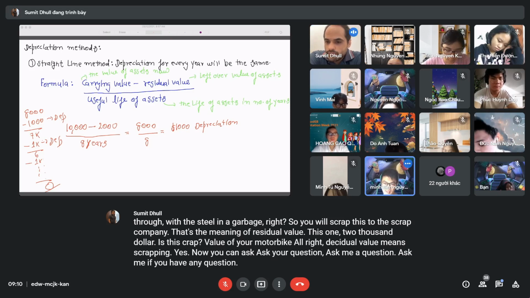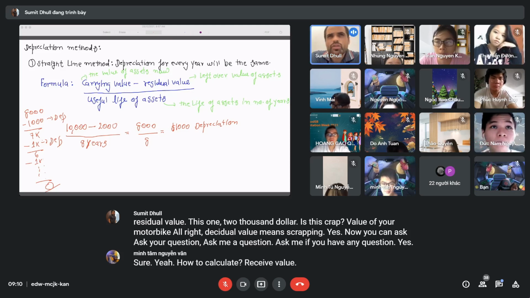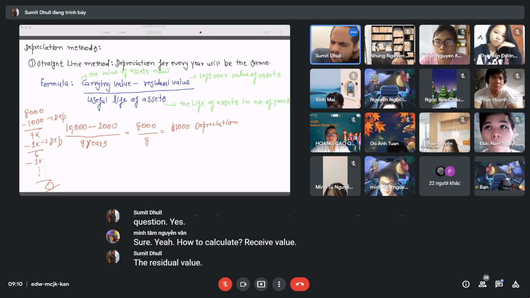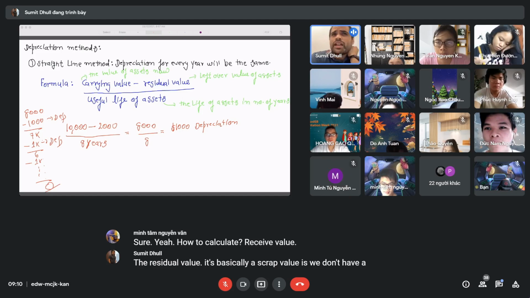How to calculate residual value? Residual value is basically a scrap value. We don't have a particular method to calculate scrap value.